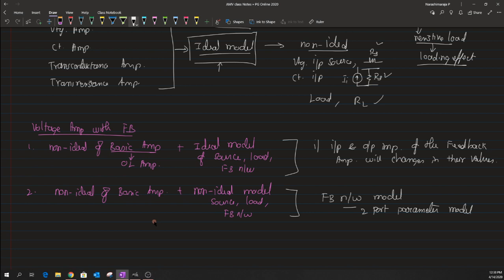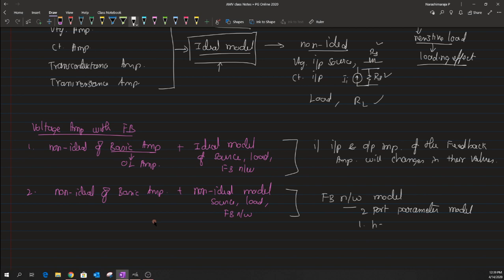So basically, we'll try to study those feedback networks, a non-ideal model, and such a non-ideal model can be characterized by a particular two-port network model. As you would have already learned about a few models, which I'll just list out, but specifically for today we'll use only one specific model among those four two-port models that are available.